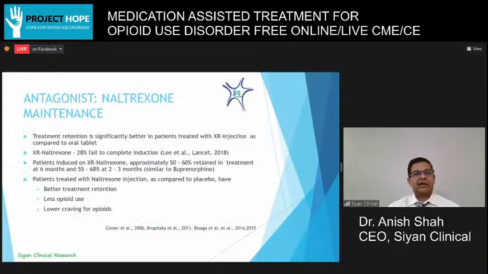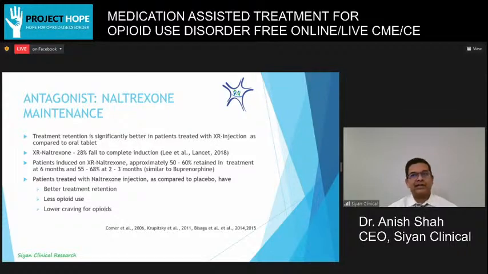Now, I get asked all the time whether it's naltrexone injection or oral tablets, what's the difference? What are the data on these two treatment modalities? There is a study that was done in 2006, and I think with naltrexone injections, patients have fared significantly better in terms of having a lower craving for opiates, less opiate use, or better treatment retention.